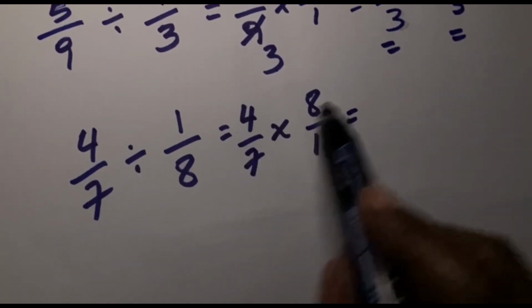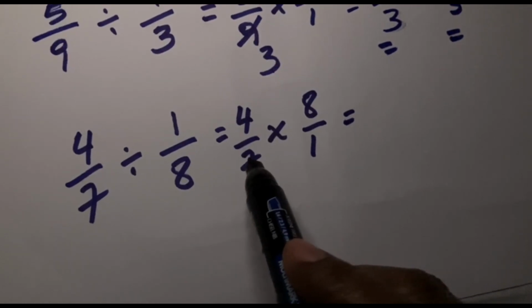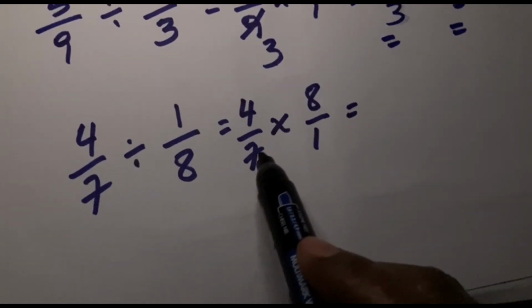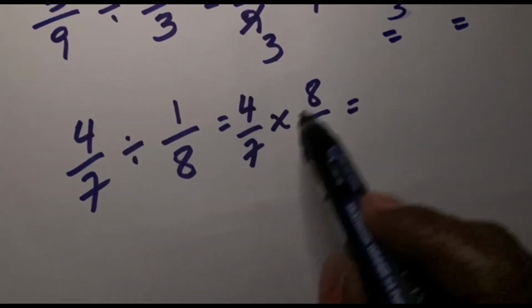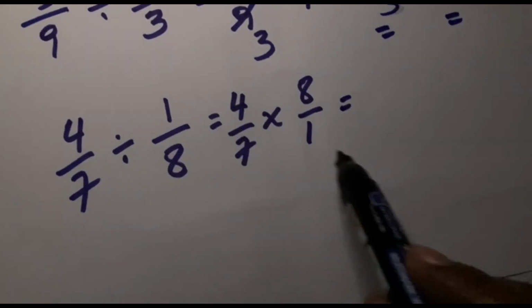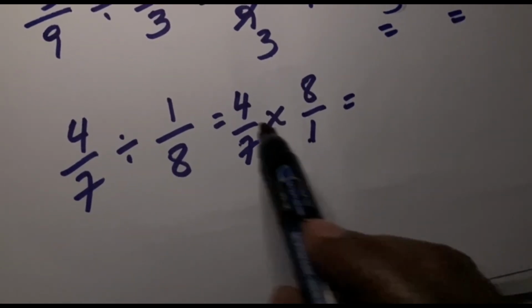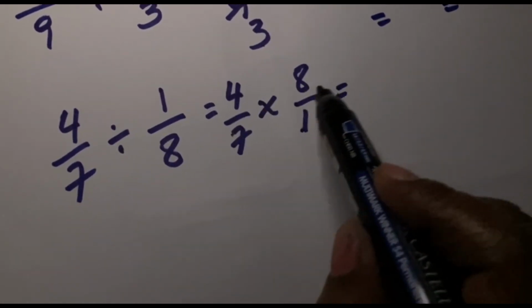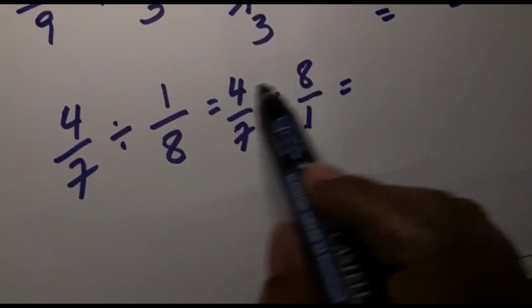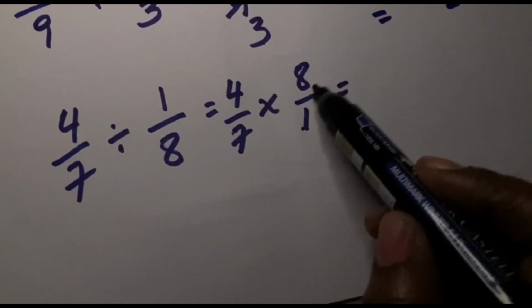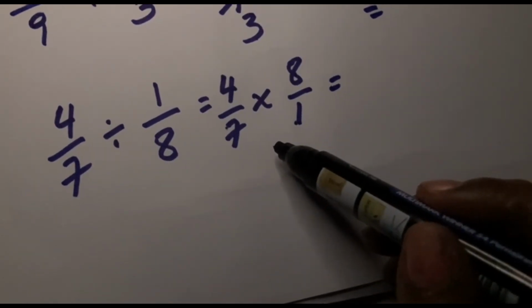Is there anything to simplify? Simplification is from numerator to denominator, across. 4 and 8 have a common factor, but they are not across, they are side by side. So we cannot simplify them.